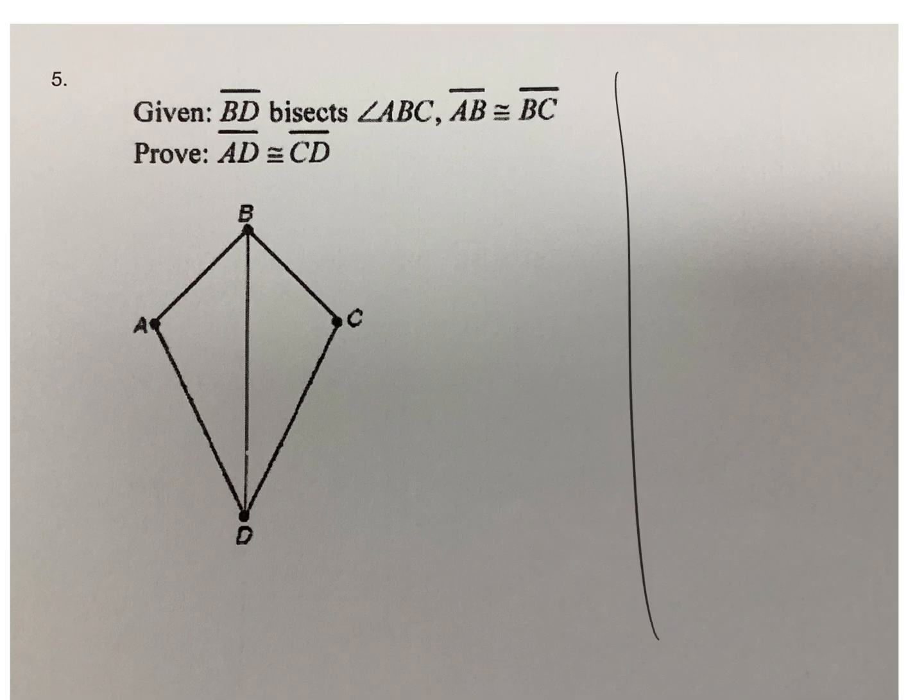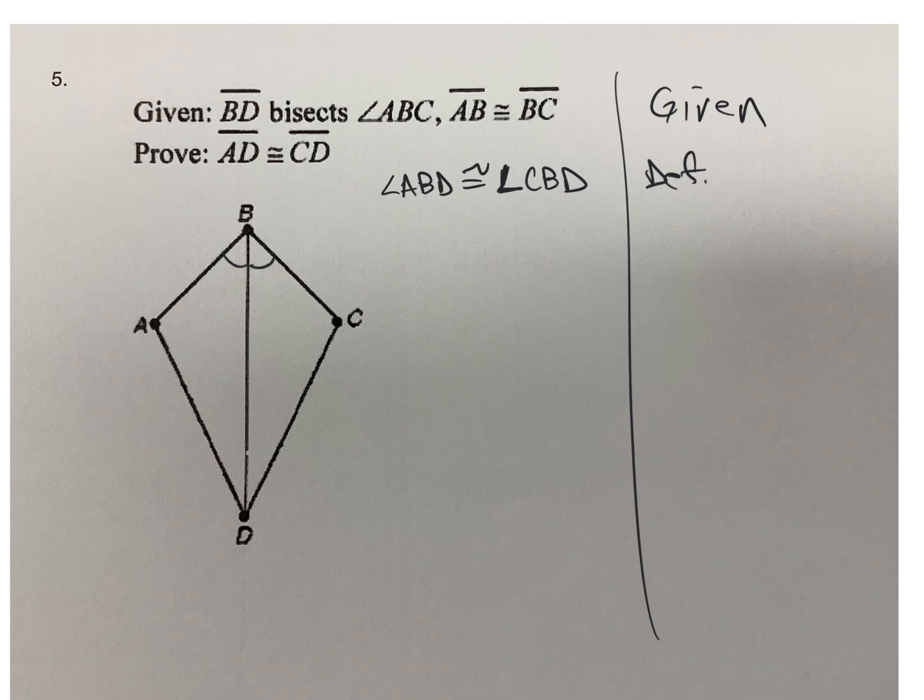So we have our given, and let's mark everything. BD is a bisector of angle ABC. So BD bisects this angle here. So these two angles have to be the same. So we mark that. And we say angle ABD is congruent to angle CBD.